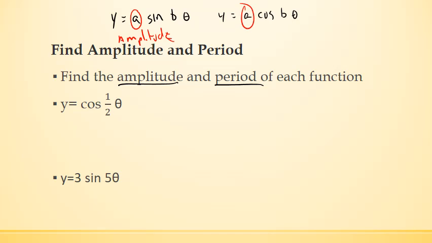And for both the sine and the cosine function, this b we can use to determine the period. The period is determined by 360 degrees over the absolute value of b. Now, sometimes we'll see this written in radians, 2 pi over the absolute value of b.